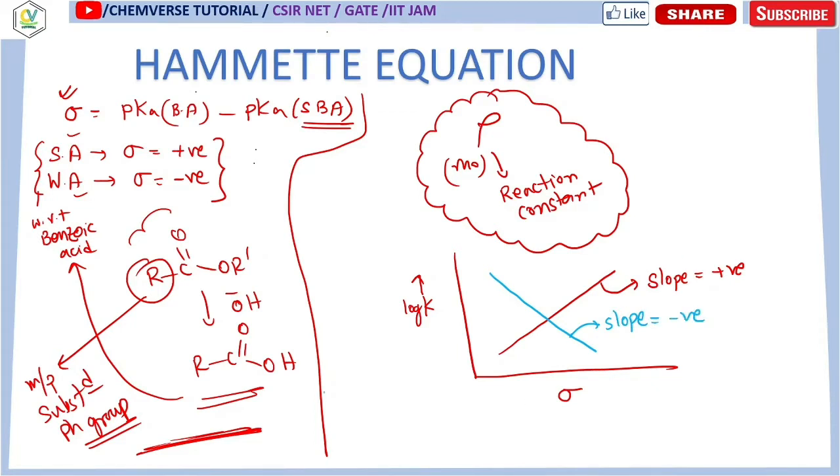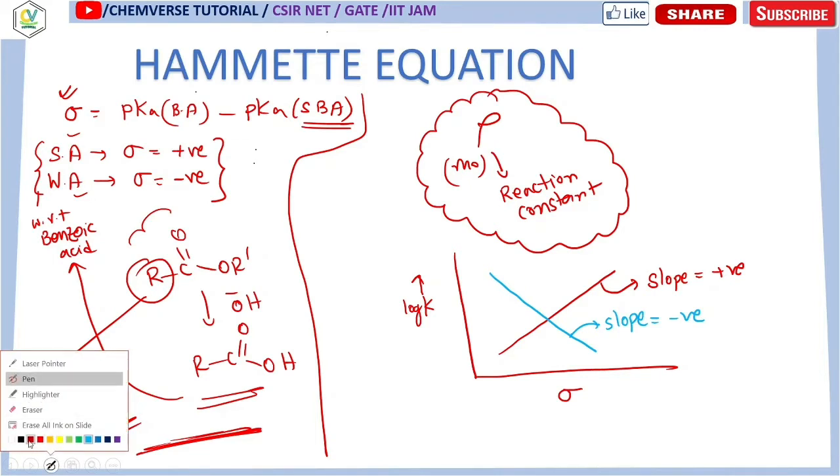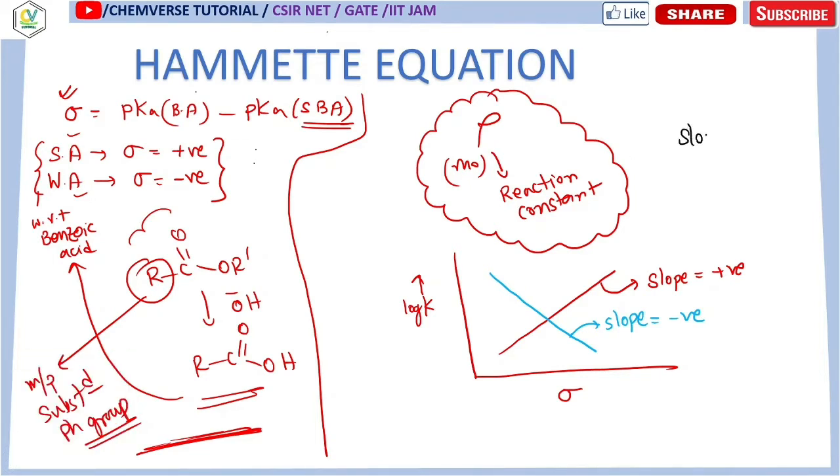So this slope of the plot of log k versus sigma is basically your reaction constant.